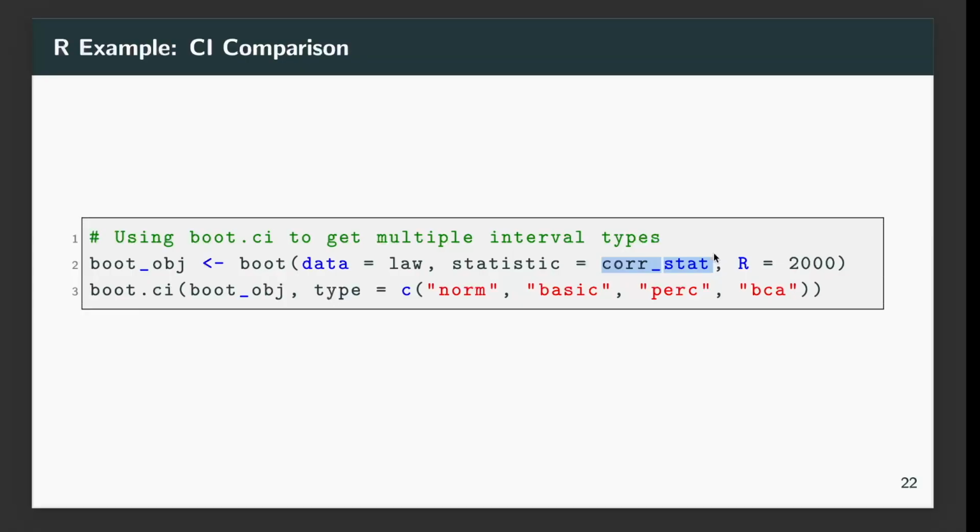You can see that the correlation coefficient has a moderately skewed sampling distribution, and the 4 interval types give different results. The BCA interval is more asymmetric, and it does not coincide with the percentile interval, which may reflect the bias correction in the BCA. I strongly suggest you run this.